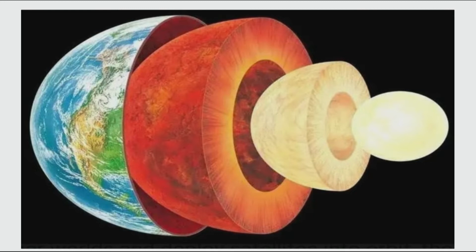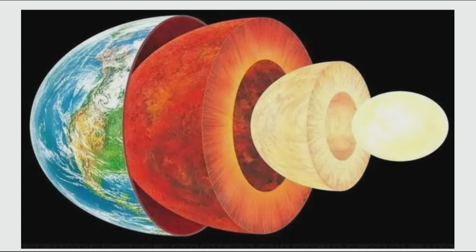We are able to see that the mantle is very thick, because if you look at where it starts up to where the outer core fits in, the thickness is very big when you compare it to the thickness of the crust.